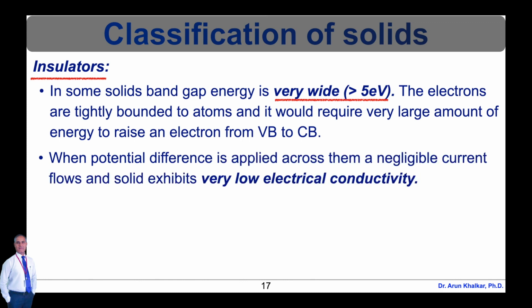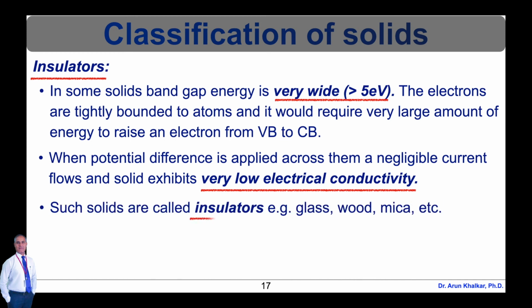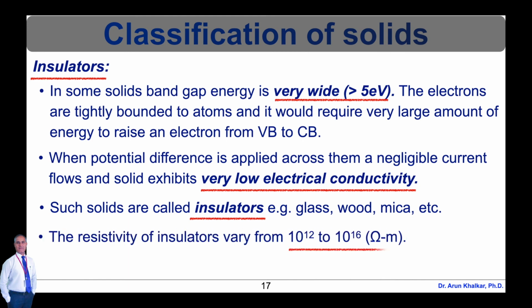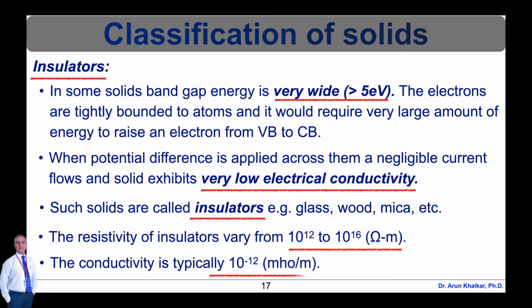When a potential difference is applied across them, a negligible current flows and the solid exhibits very low electrical conductivity. Such solids are called insulators. For example, glass, wood, mica, etc. The free electron density is negligible. The resistivity of insulators varies from 10 raised to 12 to 10 raised to 16 ohm meter, and the conductivity is typically 10 raised to minus 12 mho per meter.